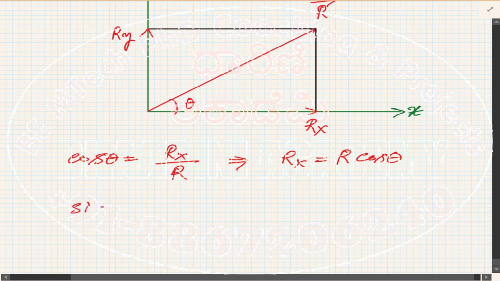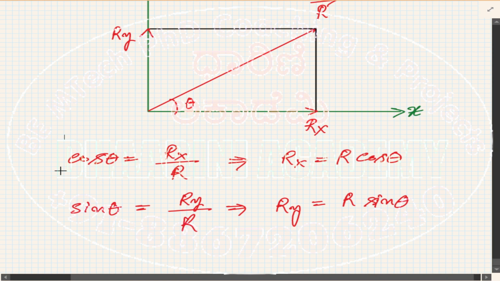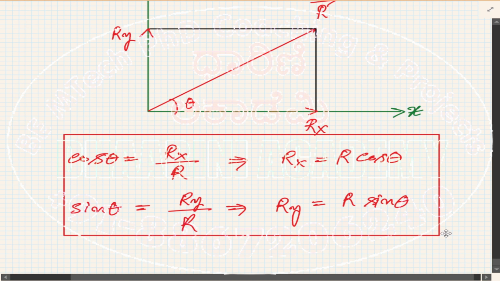Similarly, if you want to write the sine theta, this is equal to Ry by R. So this implies you want to find the y component. So this is Ry is equal to R sine theta. Okay, important.